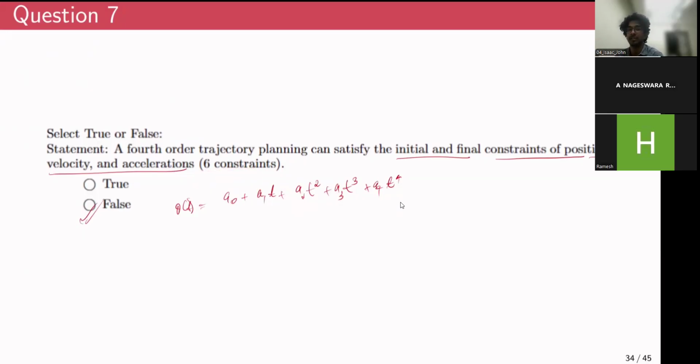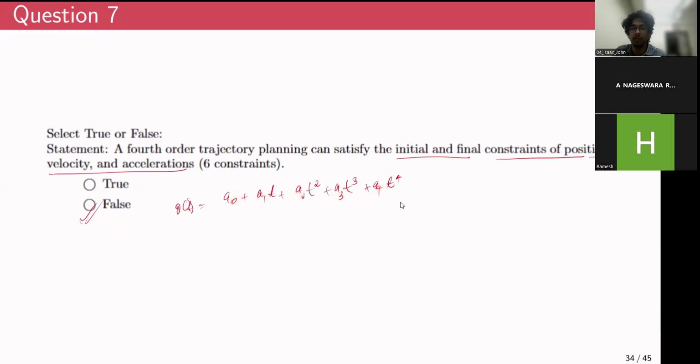because to satisfy these 6 constraints, the boundary conditions of position, velocity, and acceleration at the initial and final positions, we need at least a quintic polynomial. We need a polynomial of degree 5. But we are trying to do the same thing with a fourth order polynomial. So a fourth order polynomial can only satisfy at the max 5 constraints, right? Because we only have 5 coefficients here.